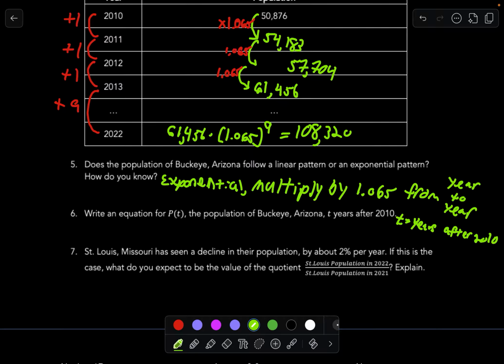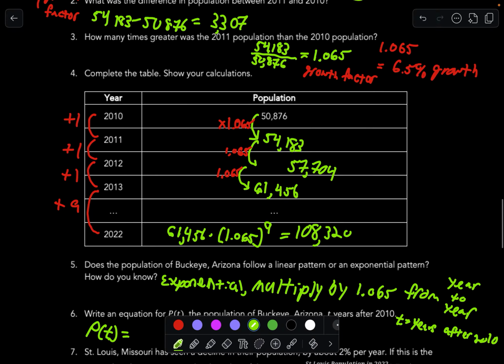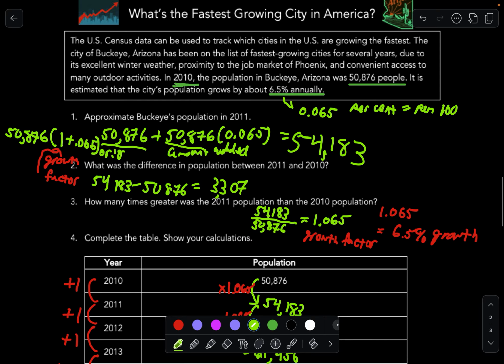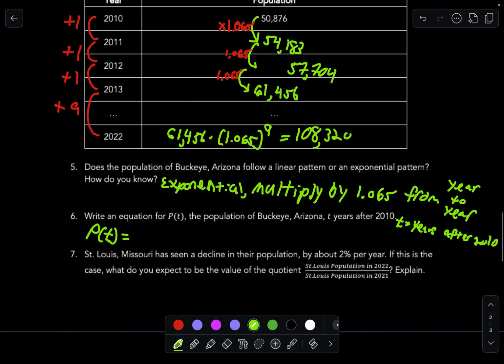So the population P of T would equal the initial population, what was it again? It was 50,876, times the growth factor of 1.065 to the T power.